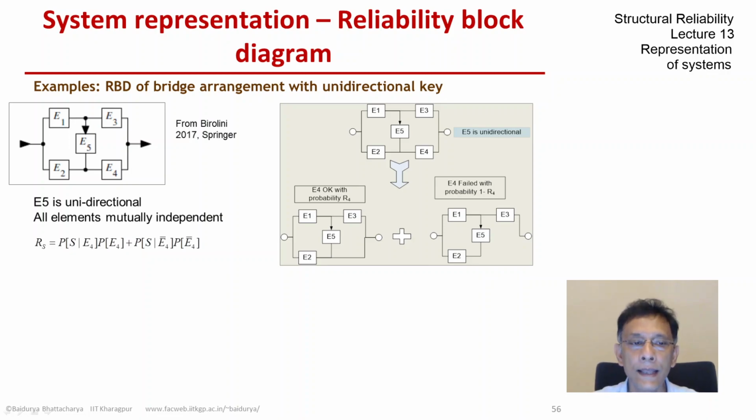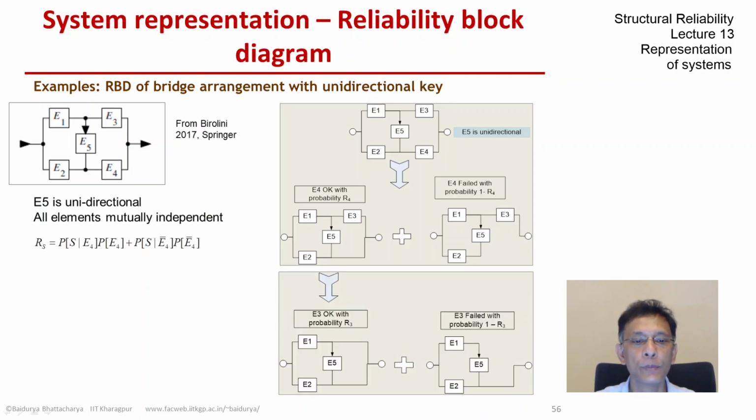The one on the left, where E4 is working, when it's conditioned that element 4 is working, it still needs a little bit of simplification. We won't be able to proceed just with this, but we are going to make one more partition, and that would be on element 3.